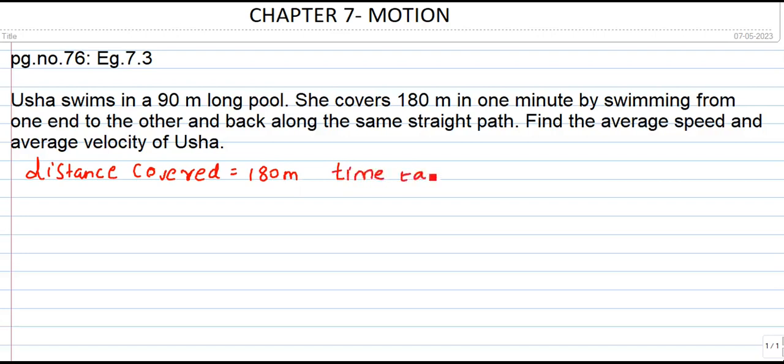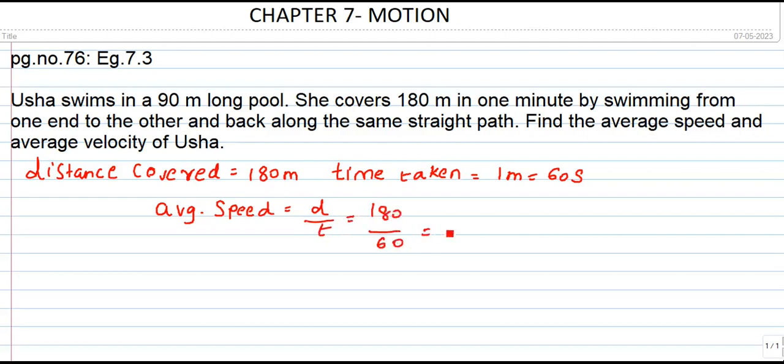Time taken is equal to 1 minute, which is equal to 60 seconds. So what we have to find is, first is average speed. You know the formula for this, which is given by distance by time, which is 180 by 60, which comes up to 3 meters per second.